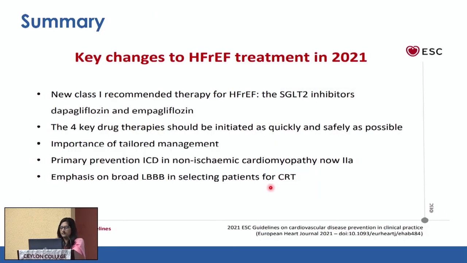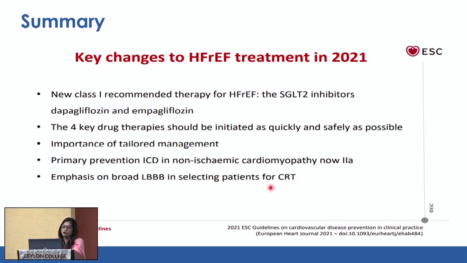Then we'll move into the key changes to heart failure with reduced ejection fraction treatment in 2021. The new class 1 recommended therapy for heart failure with reduced ejection fraction is the SGLT2 inhibitors, dapagliflozin and empagliflozin. The 4 key drug therapies should be initiated as quickly and safely as possible.